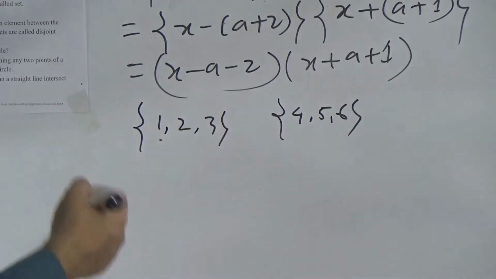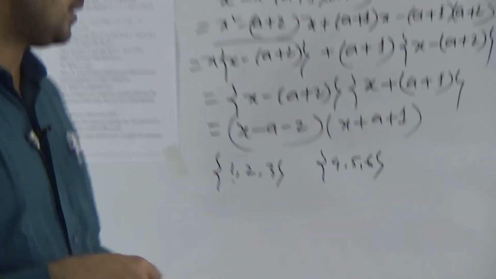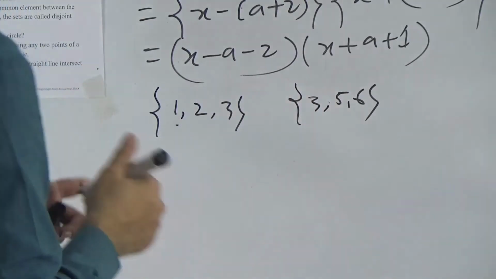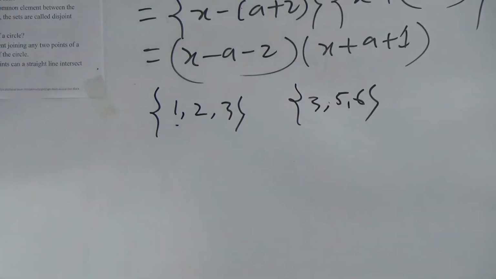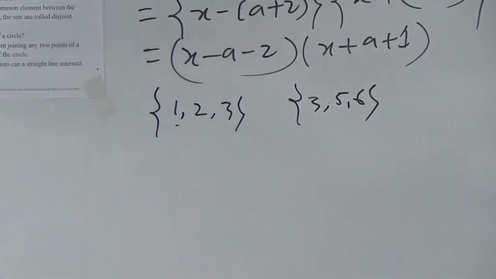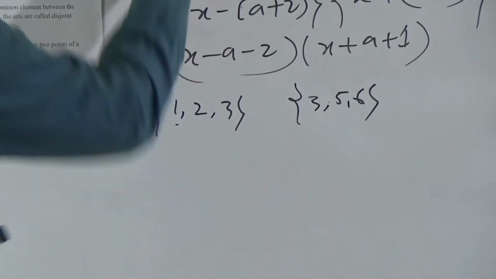If there is no common element, the sets are said to be disjoint, but if there is any common element, then the sets are not disjoint. So if we don't get any common element between two sets, then the sets are known as disjoint sets.